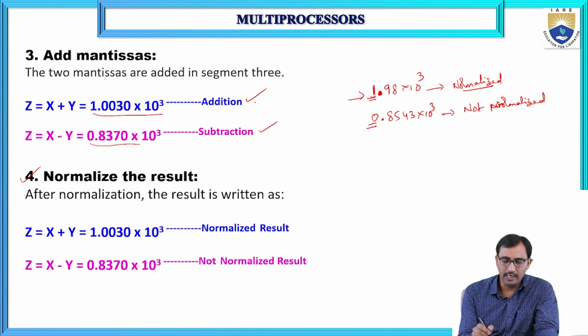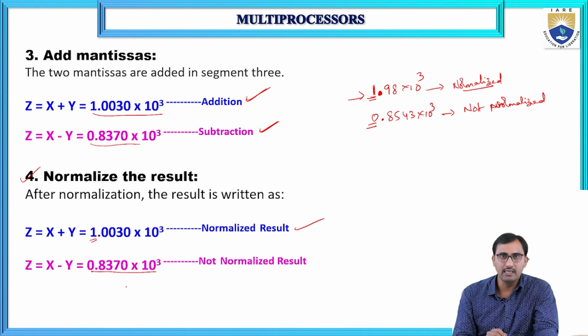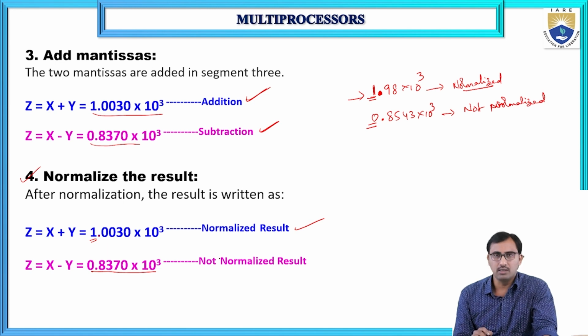The addition result is already in the normalized form, because before the decimal point we have a non-zero value. And if you see the result of the subtraction, it is in the form of 0.8370 into 10 power 3. So it is not in the normalized form.